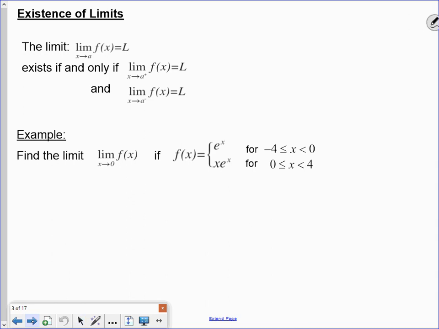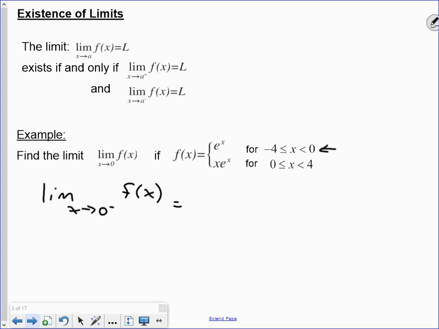So algebraically, we could evaluate the limit as x tends to 0 from the left of f(x). What we have to do here is choose which branch of the function we're going to be using. If we're approaching 0 from the left, we are in this region of the curve, in x values between -4 and 0.